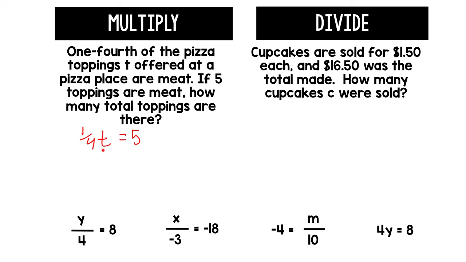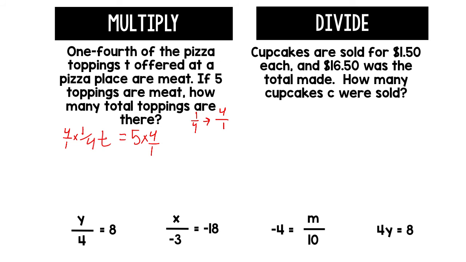But that's not the case when we have a fraction. Instead of dividing by a fraction, we're going to multiply by the reciprocal. And I want you to remember that the reciprocal of 1/4, we just flip it over. 4 goes to the top, 1 goes to the bottom.